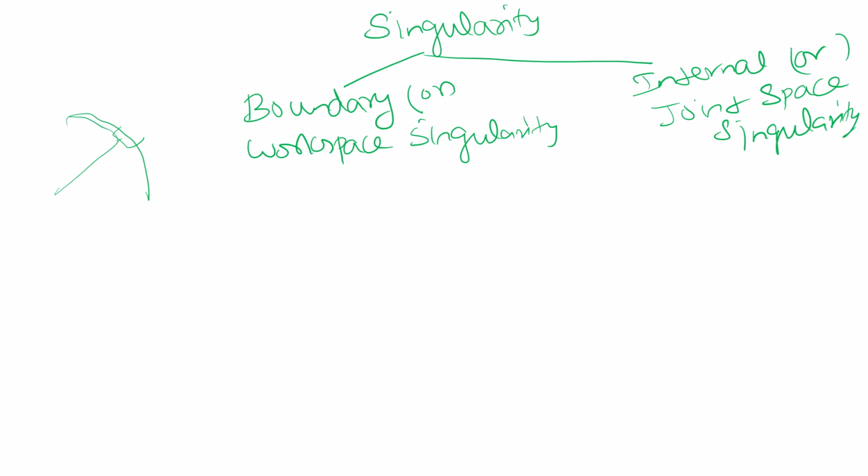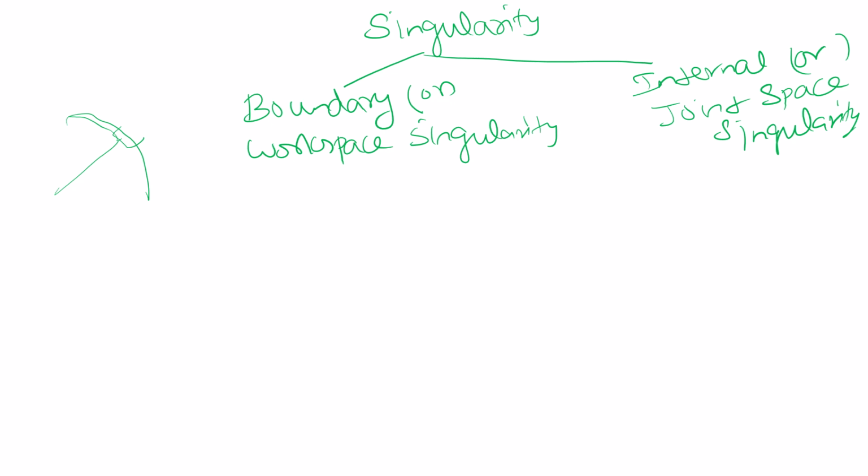The next type of singularity is the internal or joint space singularity. They are usually caused when two successive axes of the robot get aligned. Any rotation of one link will just lead to a counter rotation of the other, because the axes are aligned, and then the actual joint location will be indeterminate.